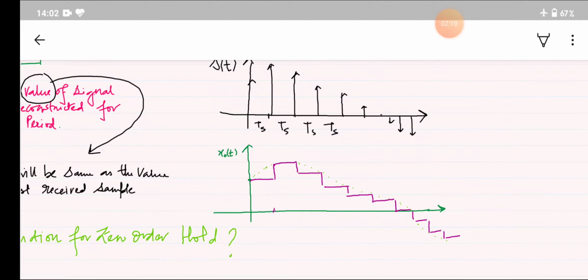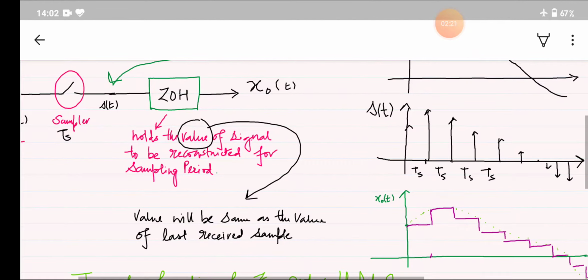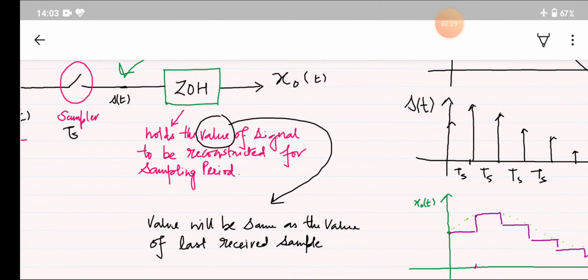So this signal x naught t is the reconstructed signal from samples st. So zero order hold holds the value of the signal to be reconstructed for the sampling period, where the value will be the same as the value of the last received sample.